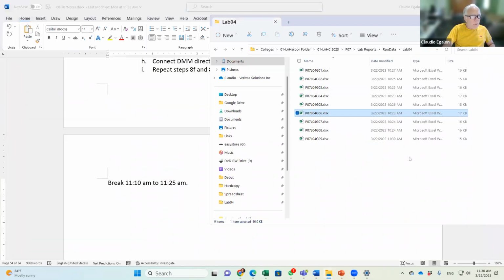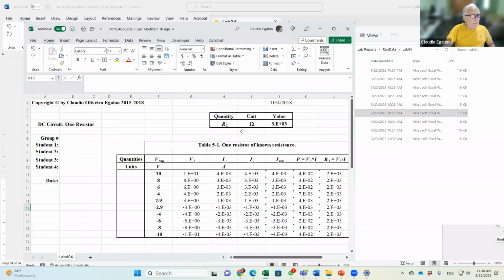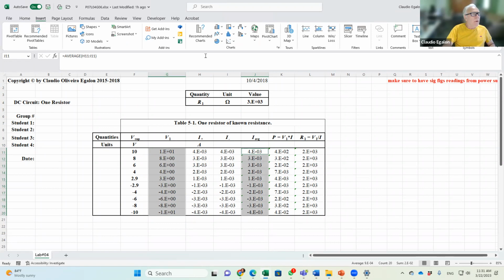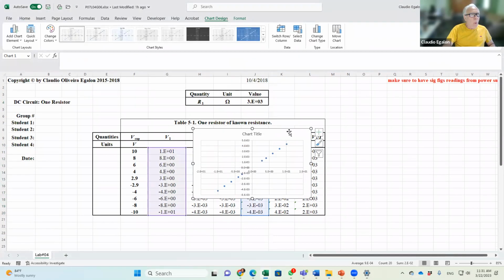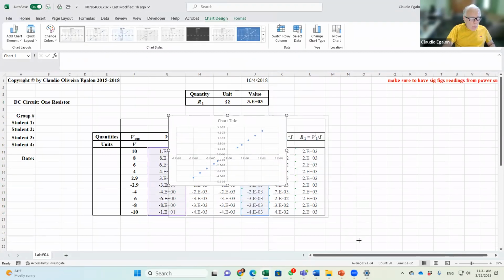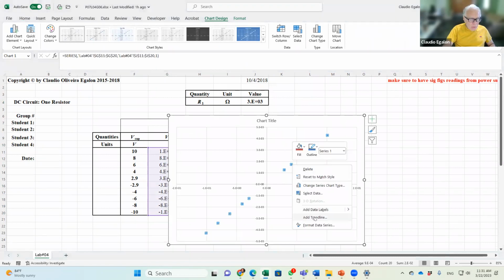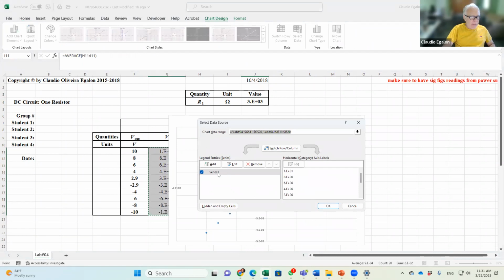The next one, group number 6. Okay, group number 6 is V1 and I average. And I have to change select data.